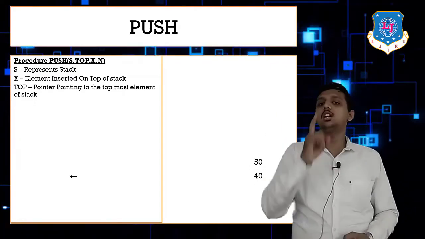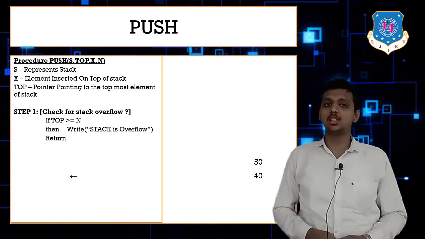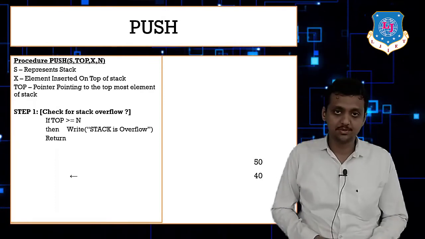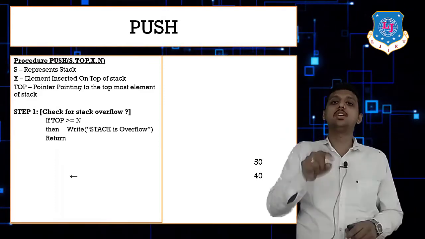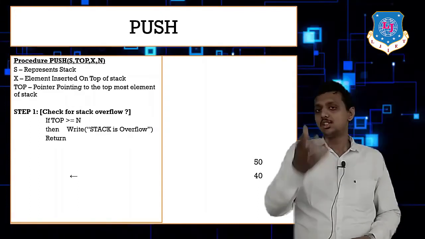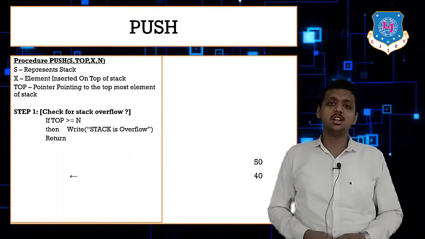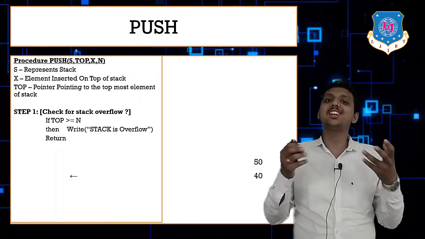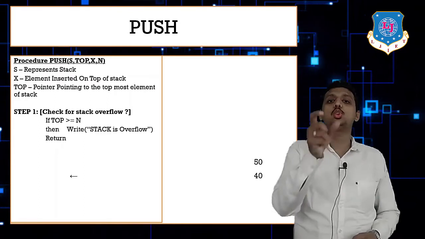Fine. So here our step number 1 goes like this: check for overflow condition. You write step 1 in brackets, then write check for overflow condition. Some of you may write check stack overflow, is stack full or not. You can write anything, but it must be relevant to your step.